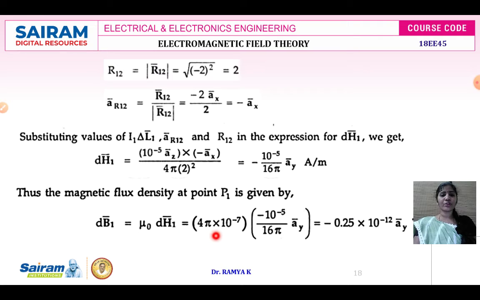Mu is equal to mu naught into mu r. Since it is going to be assumed as air as a dielectric material, mu r is going to be 1. Therefore, mu naught value is 4 pi into 10 to the power of minus 7, and the value of dH identified from the above equation is minus 10 to the power of minus 5 divided by 16 pi AY vector.